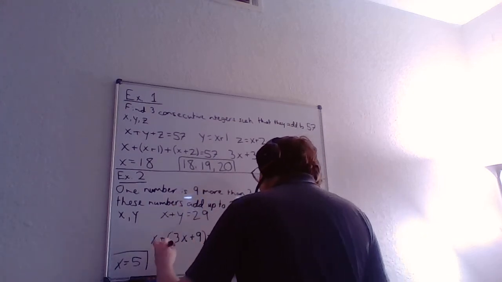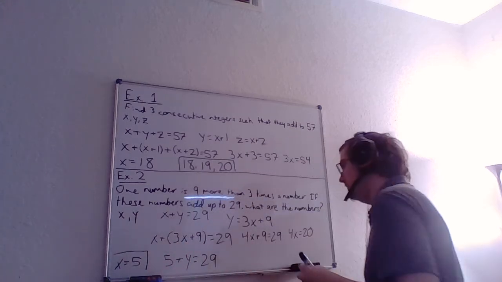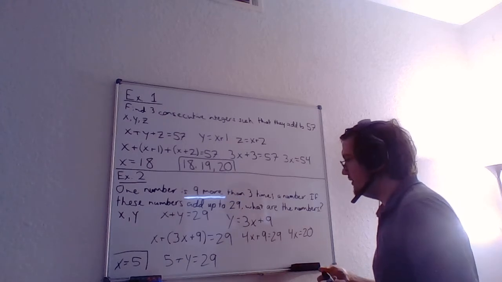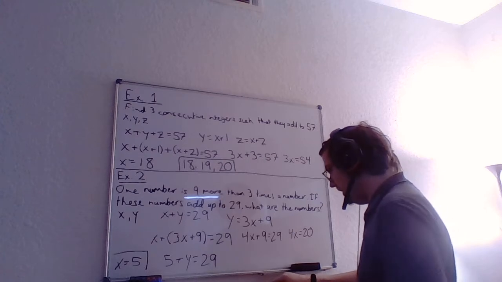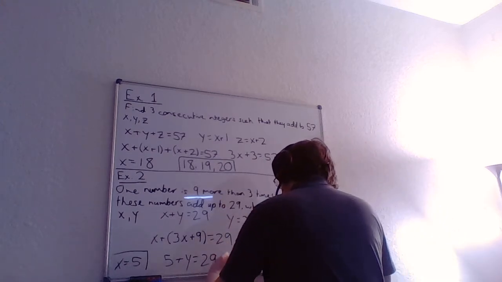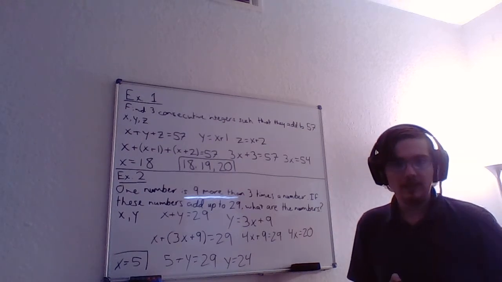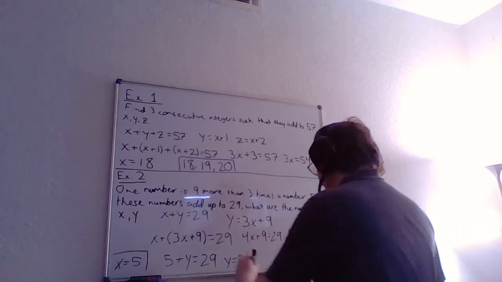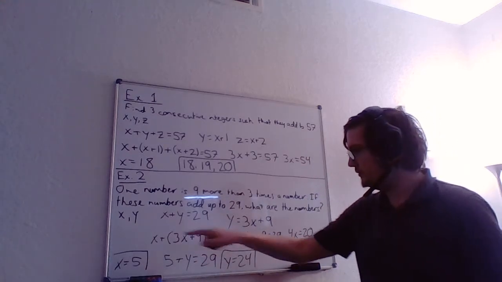So instead of x plus y, we're going to have 5 plus y equals 29. Now to solve for y, all we got to do is subtract 5 from both sides. So 29 minus 5 is 24. And you see, now, we have our two numbers. We have 5 and 24.